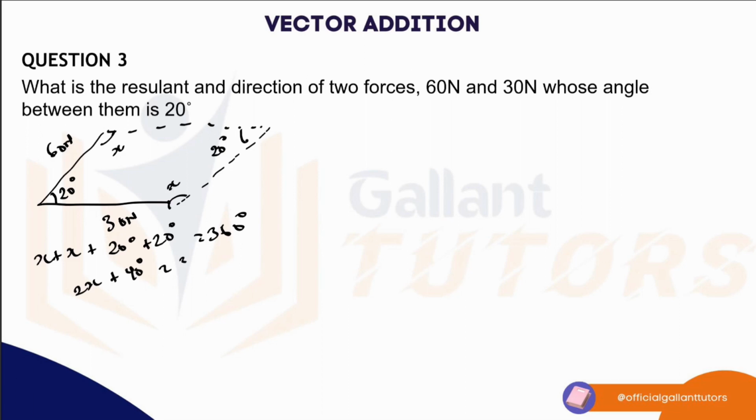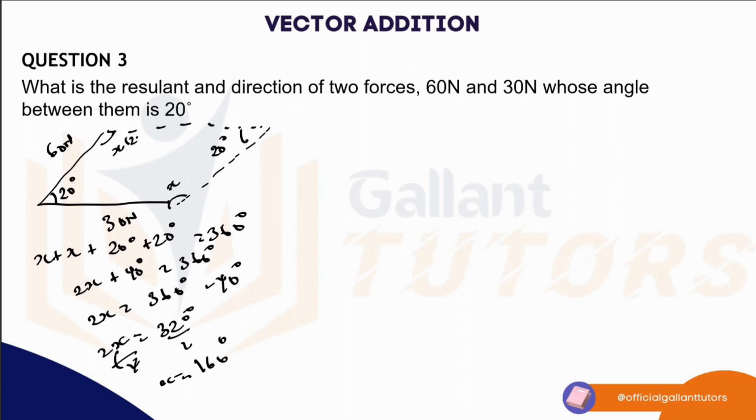So we have 2x plus 40 degree equals 360 degree. 2x is equal to 360 degree minus 40 degree, which is 320 degree. So x is 320 divided by 2, which is 160 degree.